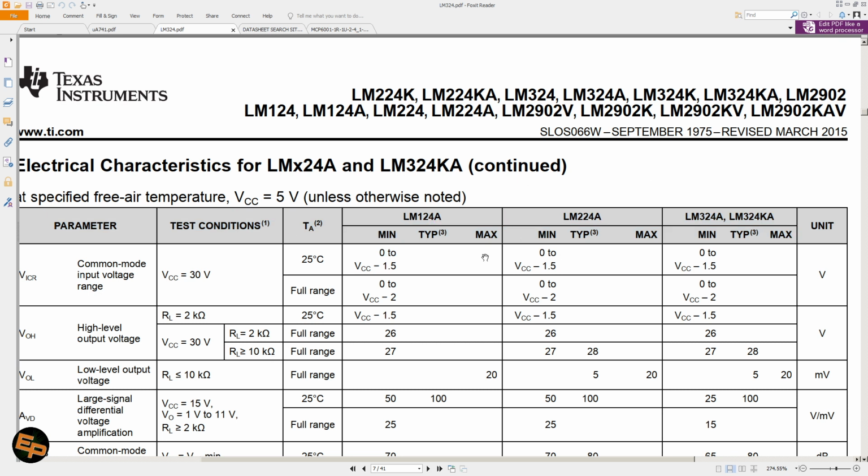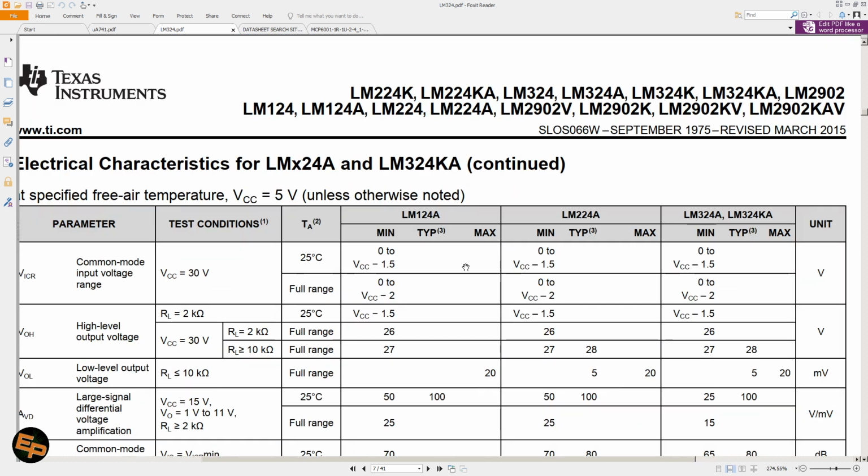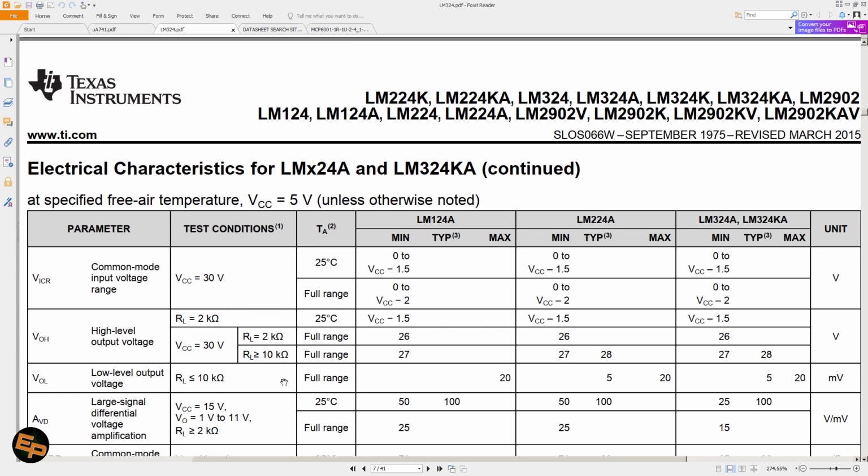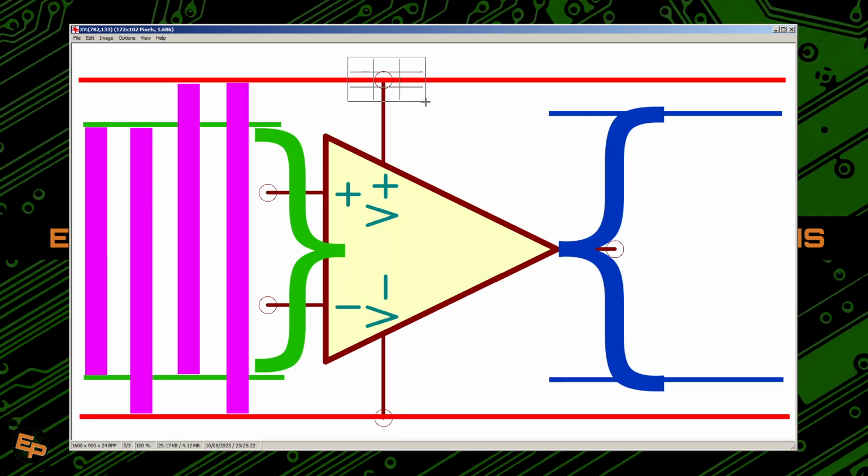And we can see this in two places. If we go to a certain page in this table where we have common mode input voltage range, we see that the values here are expressed from 0 to VCC minus 2, in our case VCC being the positive power rail, okay?